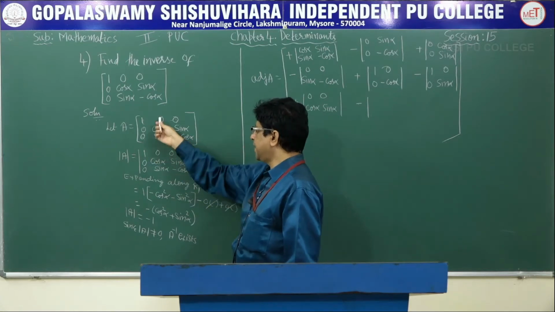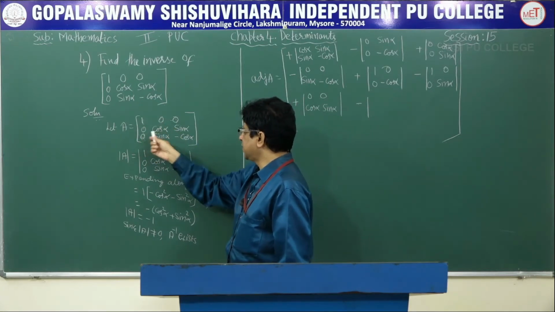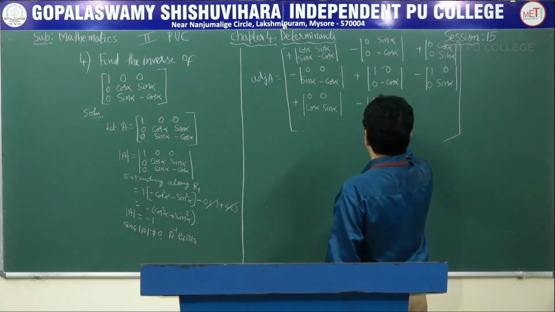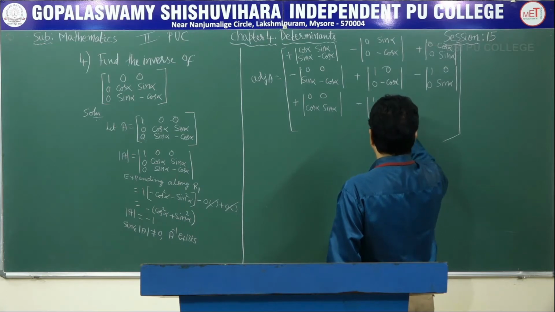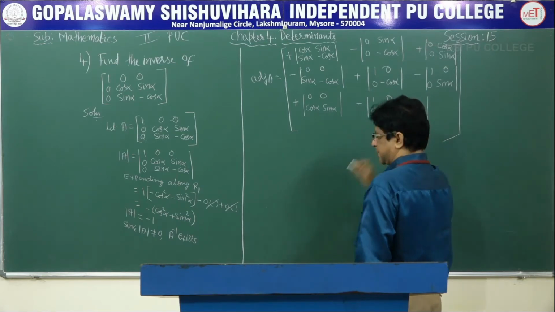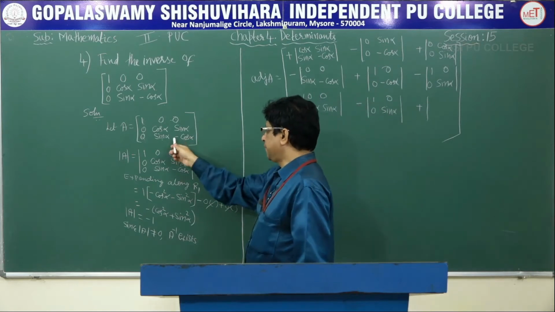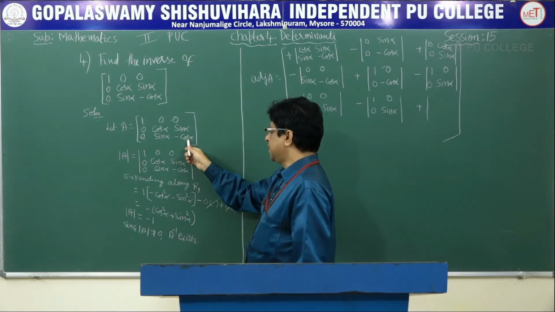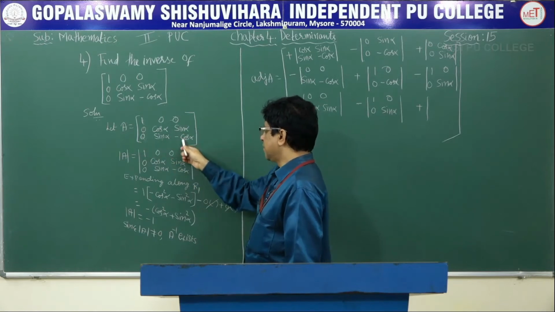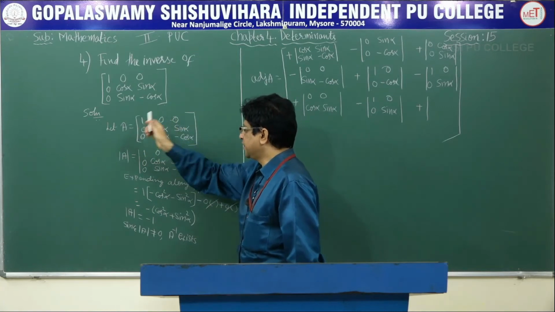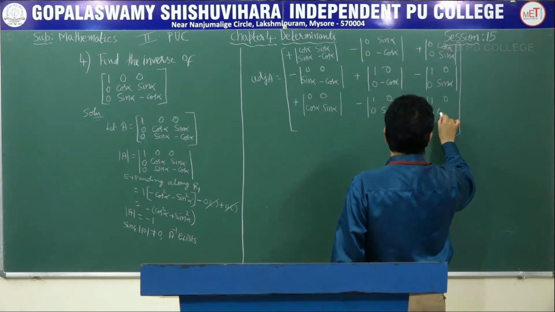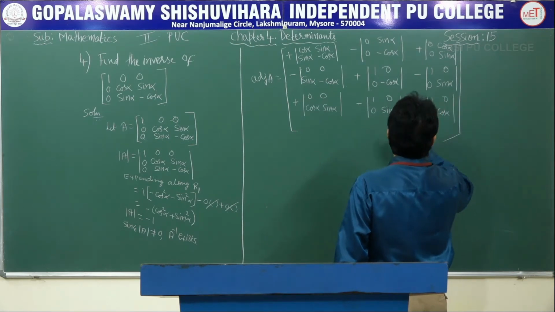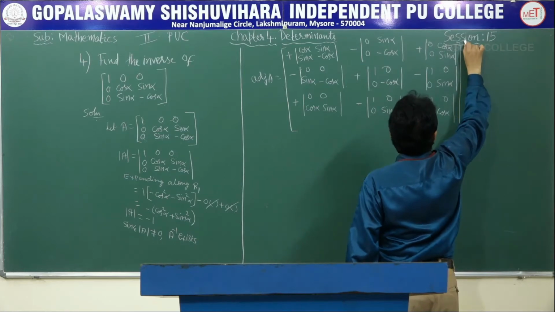We eliminate the third row and second column and take the determinant of the remaining elements: 1, 0, 0, sin alpha. Next, plus. Find the cofactor of minus cos alpha. So minus cos alpha lies in the third row, third column. We eliminate the third row and third column and take the determinant of the remaining elements. It is 1, 0, 0, cos alpha. And we have to put dash.